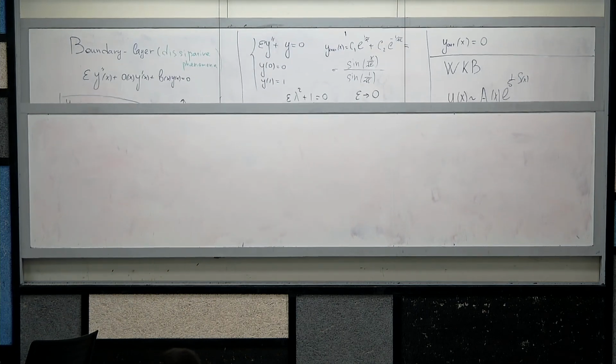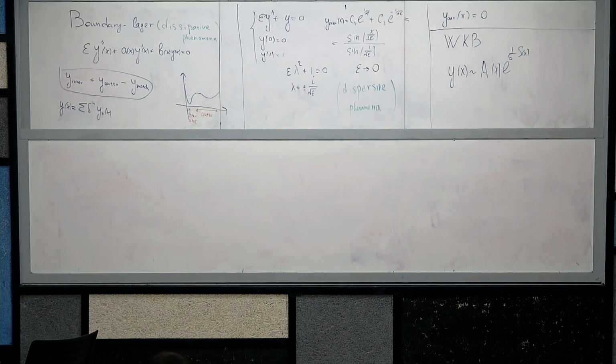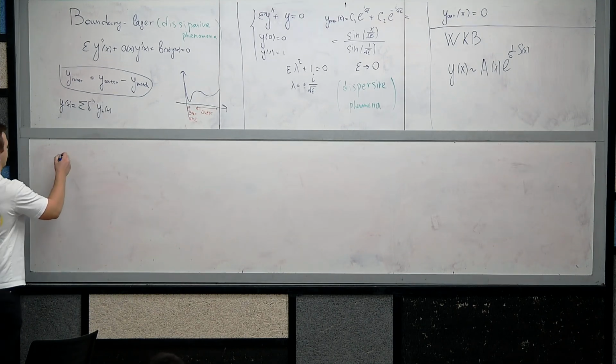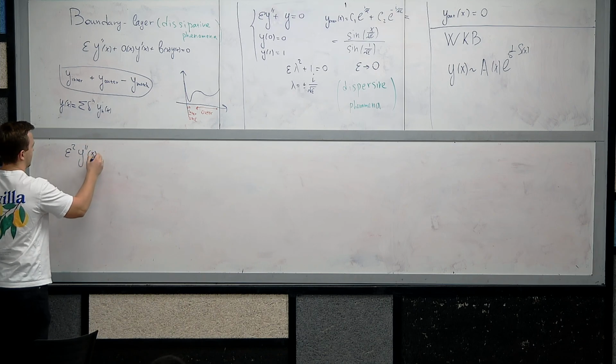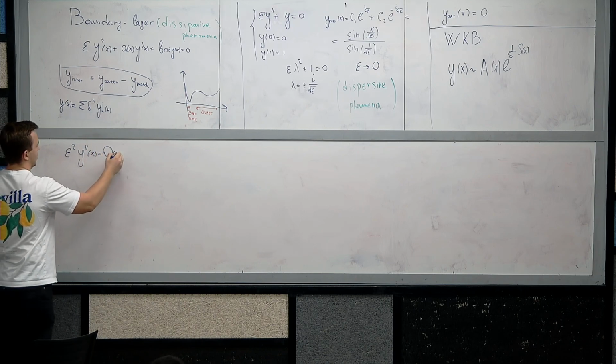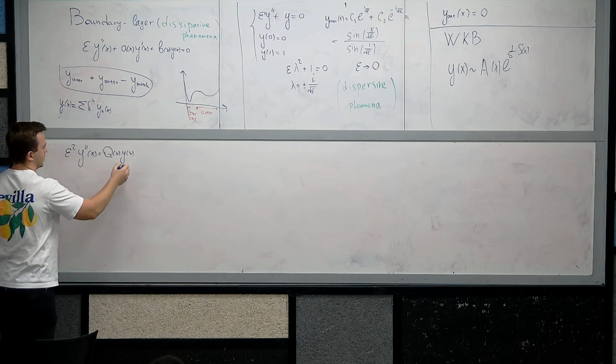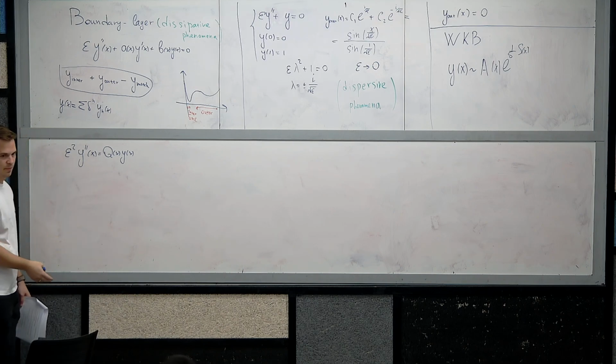I think that I've shown you how we can rewrite any second order differential equation in the Schrödinger form, right? So without loss of generality, I can write any second order differential equation in this form. I mean, it should have some small parameter.